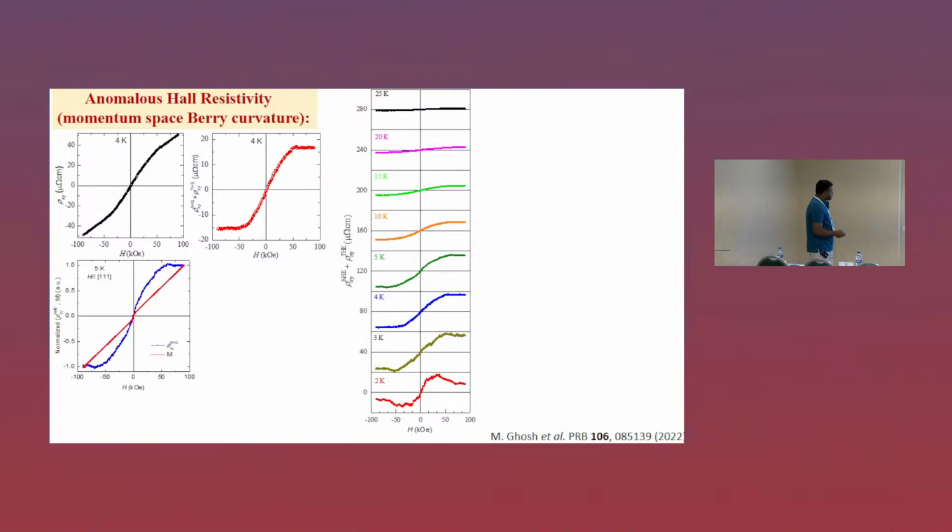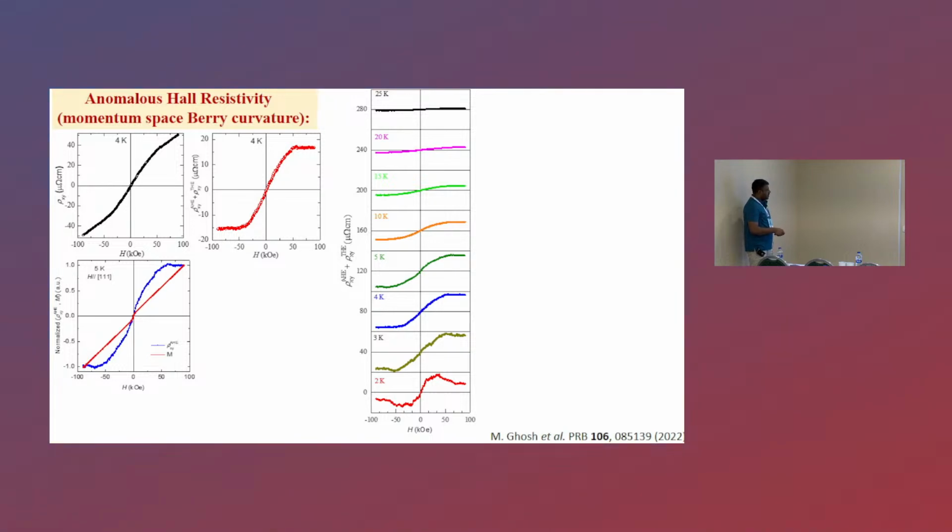So actually for a magnetic material, this anomalous Hall component can come from magnetization also, but in our case this is an antiferromagnet and its magnetization is very low, only field-induced magnetization is occurring. To rule out the magnetization origin, we plotted the anomalous Hall resistivity, this blue curve, along with the measured magnetization, the red curve. You can see that there is no one-to-one correlation.